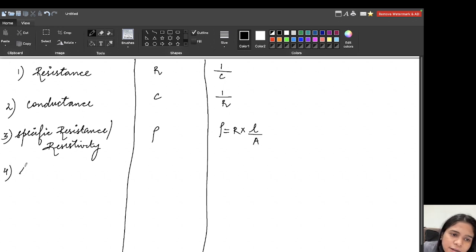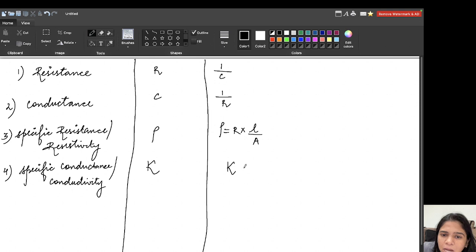Then fourth thing we studied was specific conductance or conductivity. We can mention it as kappa. Kappa equals 1 upon R into L upon A. Specific conductance is the conductivity of all the ions present in whatever thing.